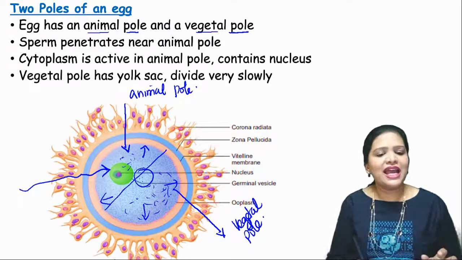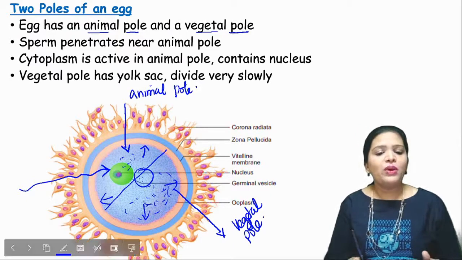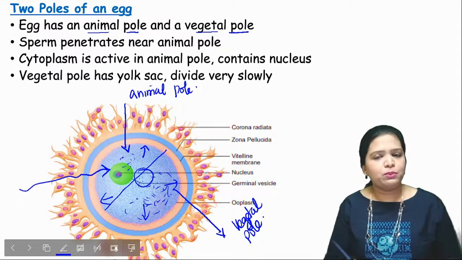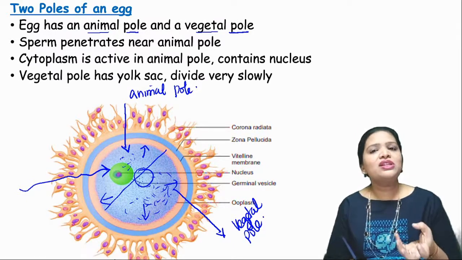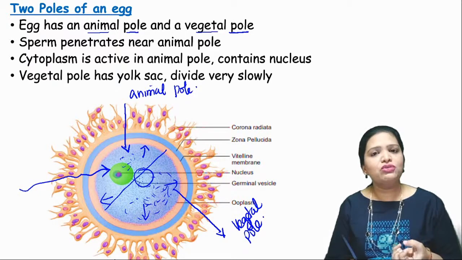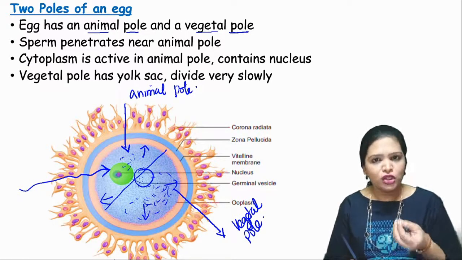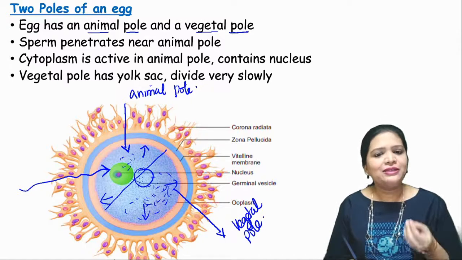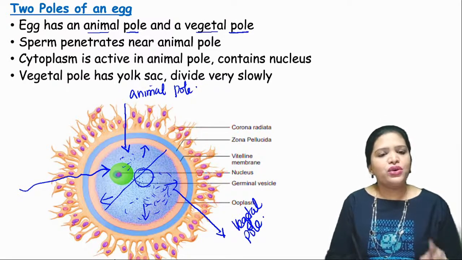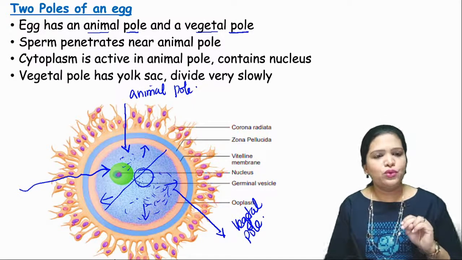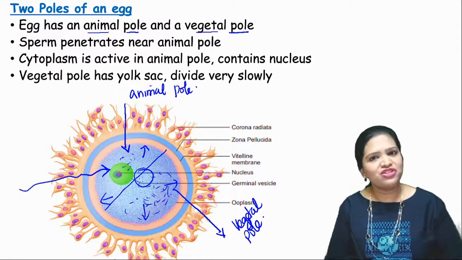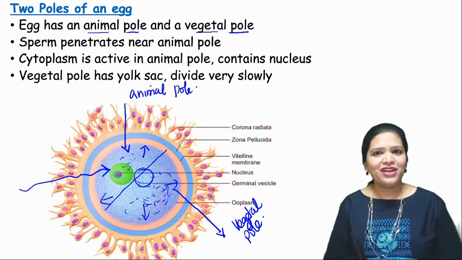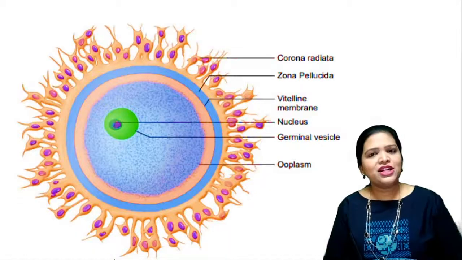So the cells in the animal pole divide fast, whereas the cells in the vegetal pole divide very slowly because it has the yolk which carries the nutrients, so it naturally divides slowly. Clear? Right? So every egg has two poles, animal pole and vegetal pole. Clear? Okay, so this is the structure of an egg cell.